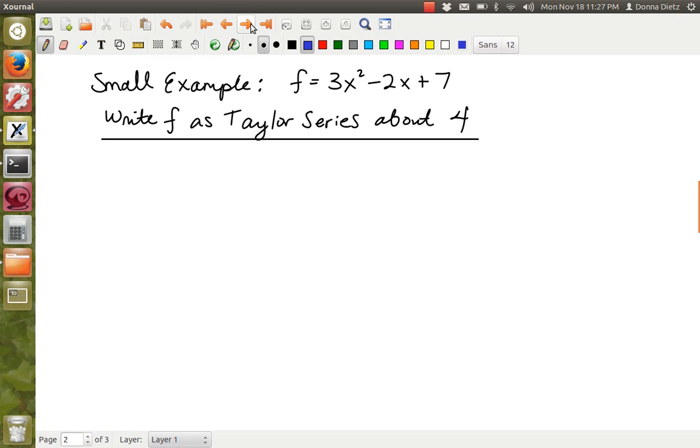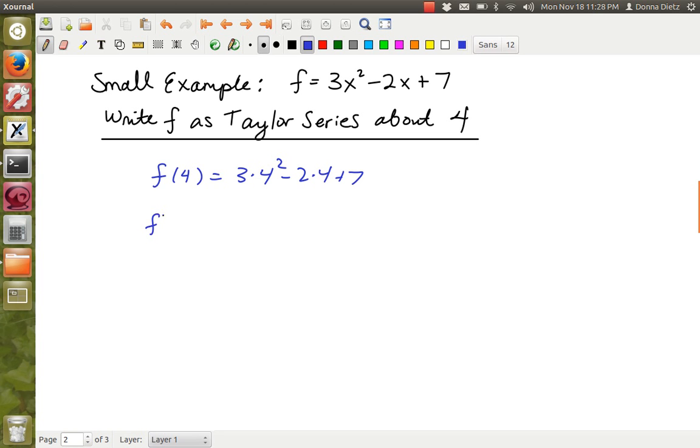If you have 3x squared minus 2x plus 7, how could you write that as a Taylor series about 4? Well, you have to start taking derivatives. f of 4 is 3 times 4 squared minus 2 times 4 plus 7, and we'll calculate that in a second.